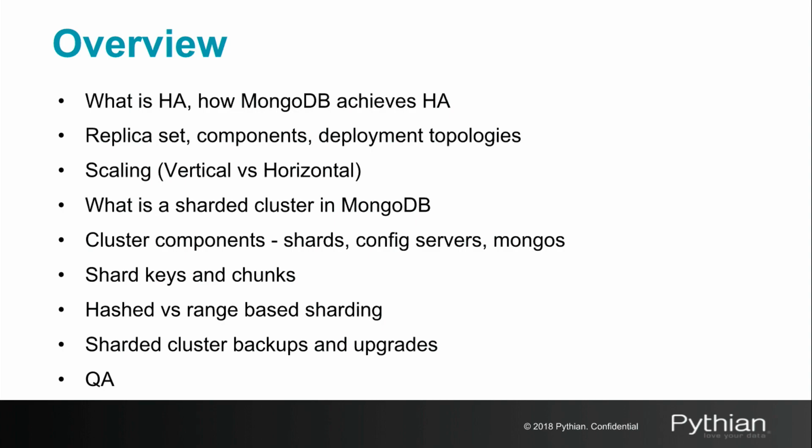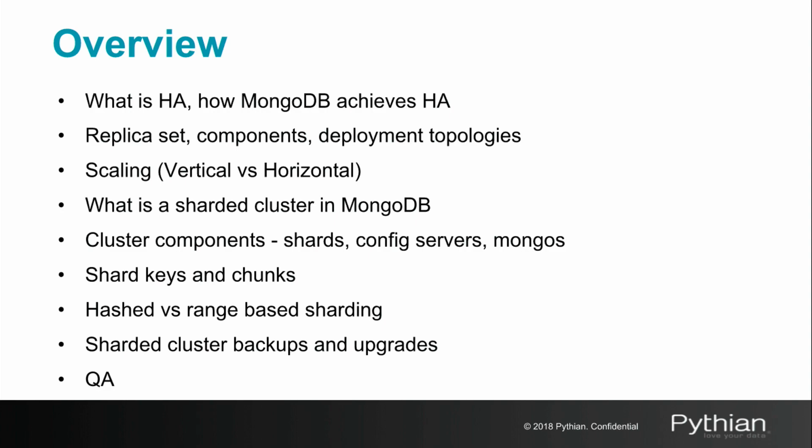Brief overview, what we will be discussing today: what is HA and how MongoDB achieves HA. Then we will move into replica sets, components, and deployment topologies. Then we will move into scaling, vertical and horizontal.